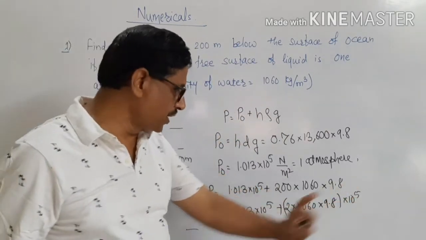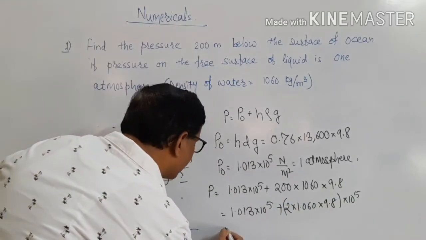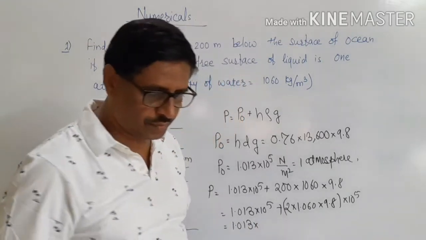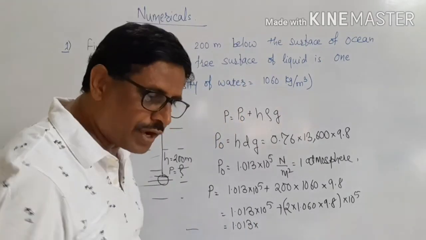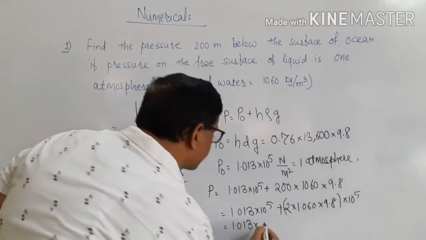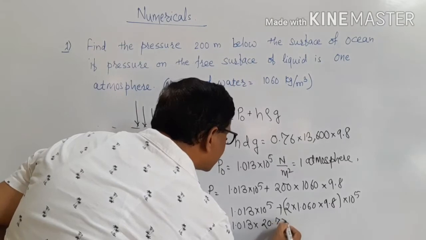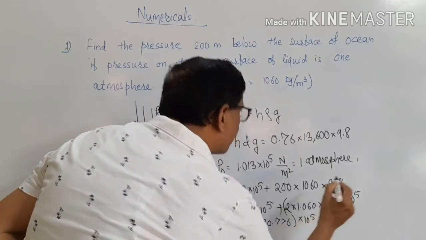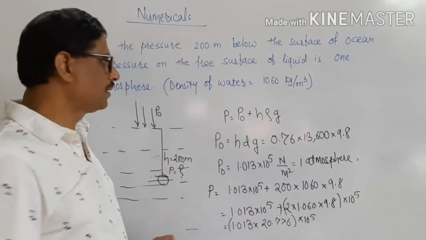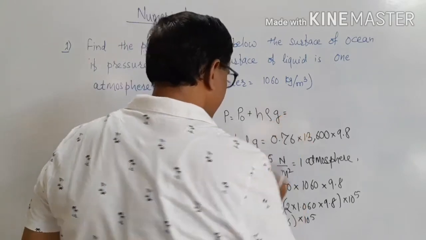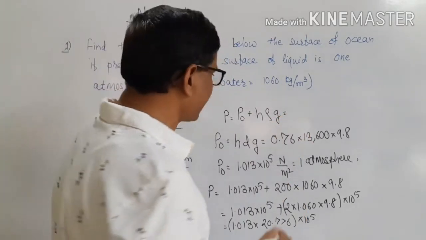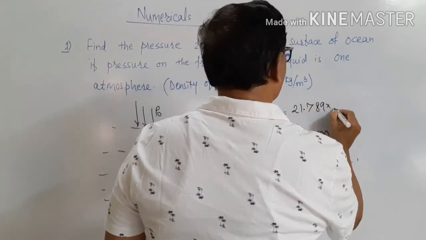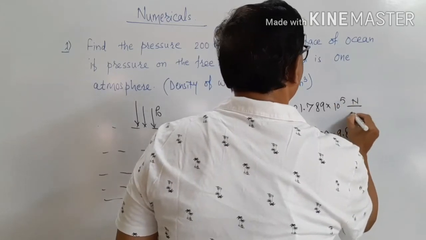Here 10 to the power of 5 is common, and here we will get it is 1.013 into the product I will get here 20.776, that is 20.776, and the common of these two is 10 to the power of 5, and the expected answer here I will get is 21.789 into 10 to the power of 5 Newton per meter square.